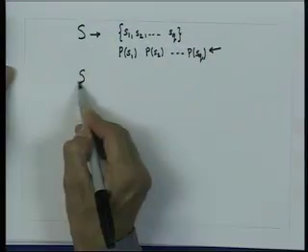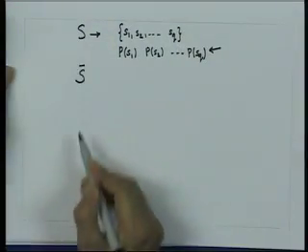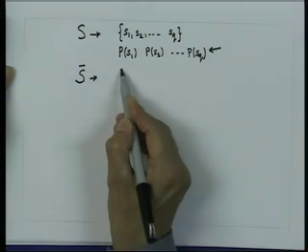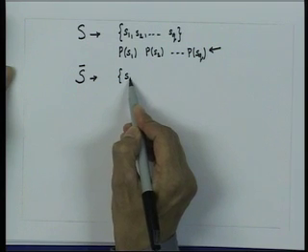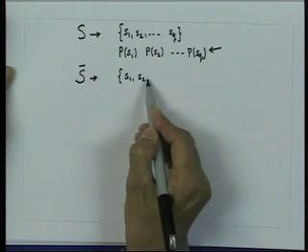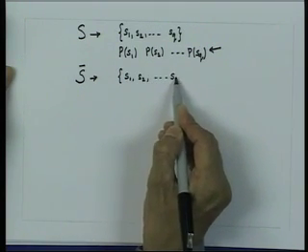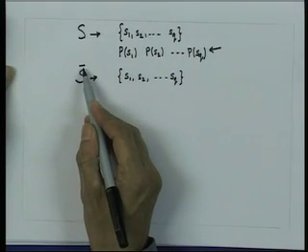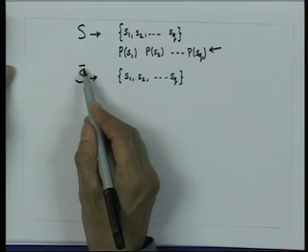Now, if I have another source, let me call it S bar. This source S bar also has the same source alphabet, that is S1, S2, SQ, but this source S bar is a zero memory source.